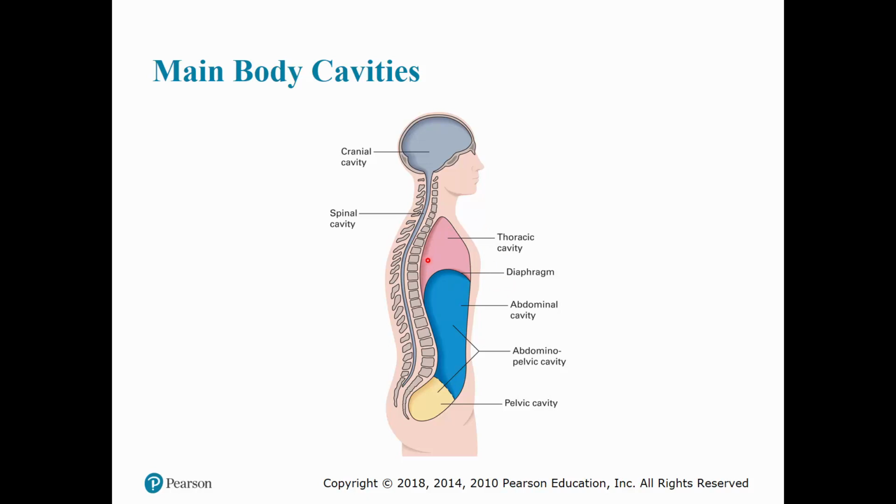Your diaphragm is what separates the thoracic cavity from the abdominal cavity. The abdominal and abdominopelvic cavity is where your various organs within your abdomen are contained, such as your bladder, stomach, intestines, spleen, and kidneys.